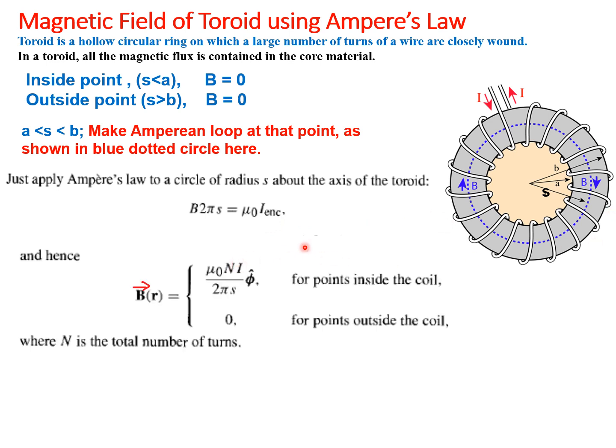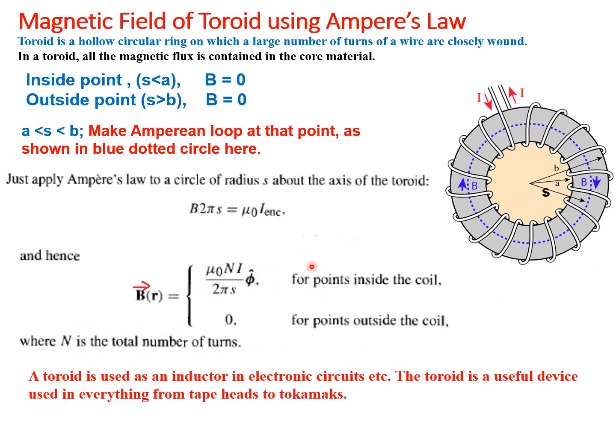And again the I enclosed, if we have N number of turns, gives B equal to mu naught N I divided by 2 pi s. So this is the magnetic field at the inner point inside the coil, and it is 0 at points outside of this toroid. N is the total number of turns. So this is how we can find out the magnetic field in the core of the toroid.